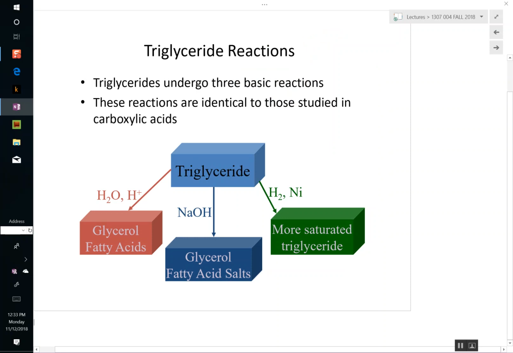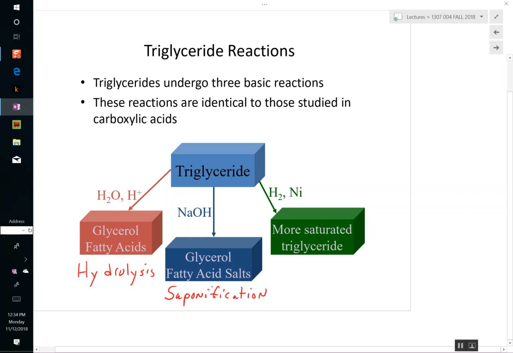All right, this slide introduces the 3 different reactions that triglycerides can undergo. And this one we would call hydrolysis. This one, when you have an ester react with sodium hydroxide, what do we call that reaction? Saponification. That's the opposite of esterification. Saponification. You're reacting an ester with a strong base.